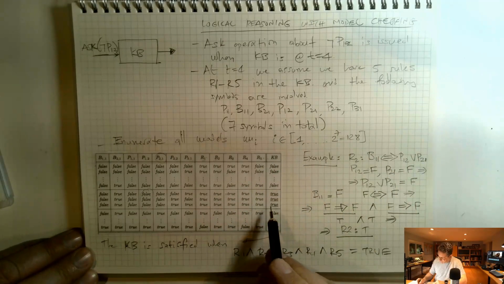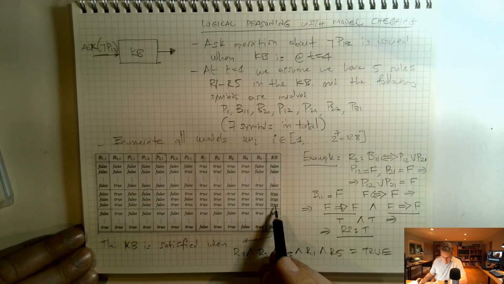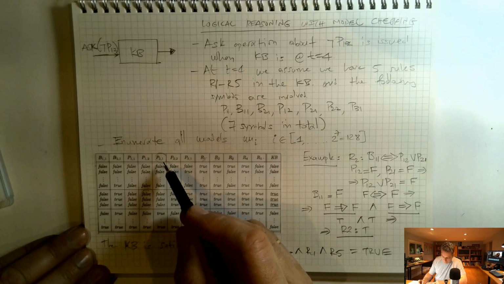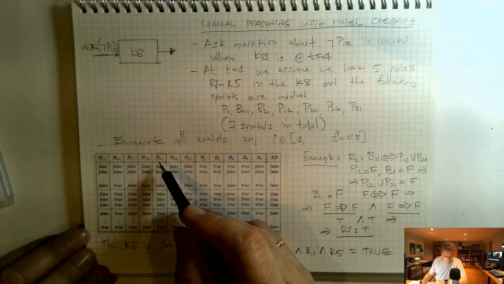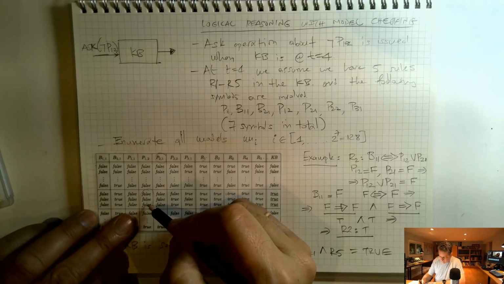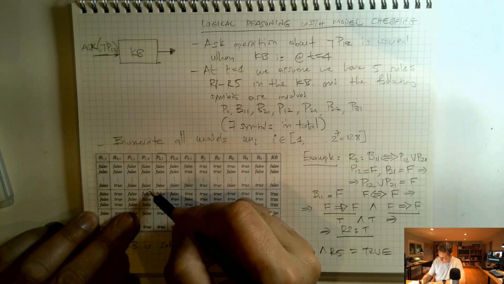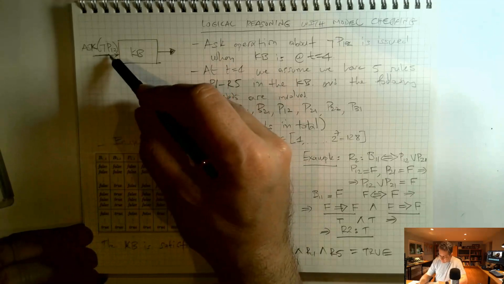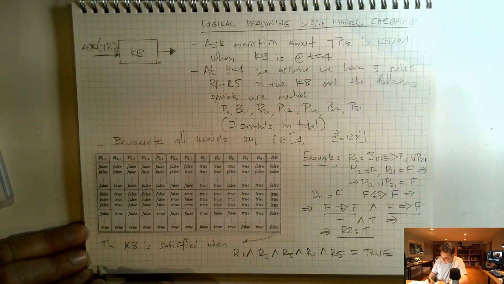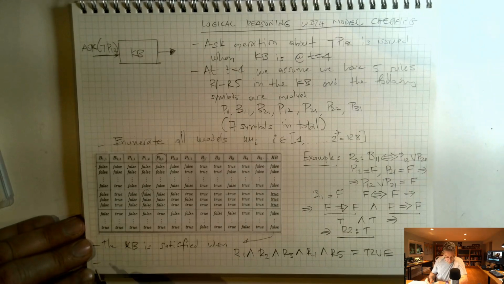Now that we have completed everything, in all of these models that satisfy the knowledge base, P12 is false. So the negative P12 will be true. So this is the final conclusion.